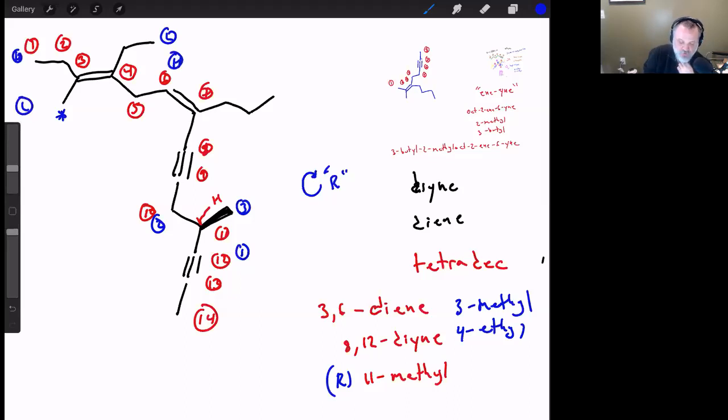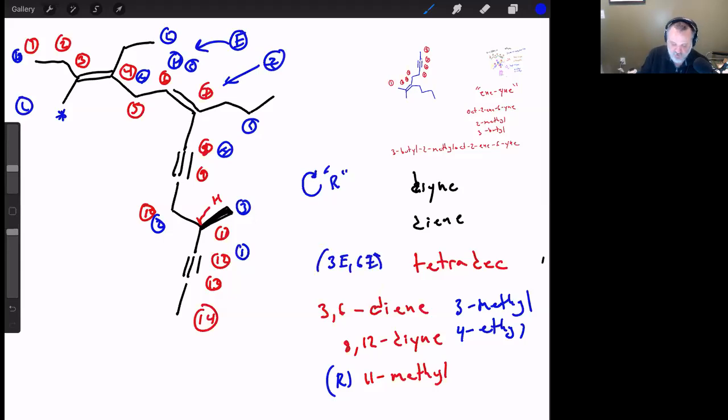This one is low. So this is opposite. This one is E. What about this other double bond? This one is high priority. This one is low priority. This is low priority. This is high. So this double bond is Z. So we've got 3E, 6Z. Here's our stereochemistry. And let's see, do we have anything else going on here? Yep, we've got a group at the 7th position. What is that? That's a propyl group.